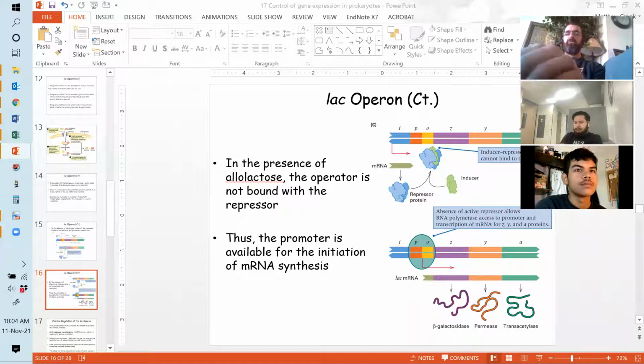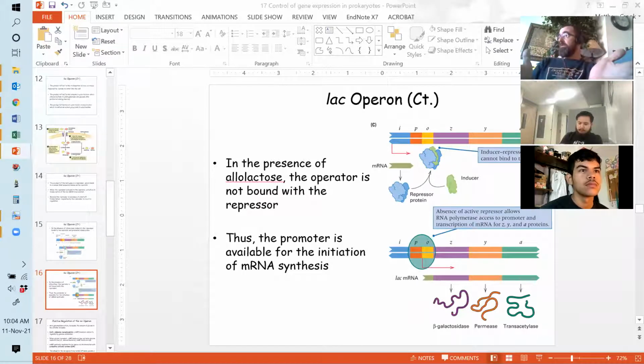And so you also have an intermediate. And this is anywhere between those two extremes, right? We're not talking about it's halfway in between. It just depends on glucose concentration.